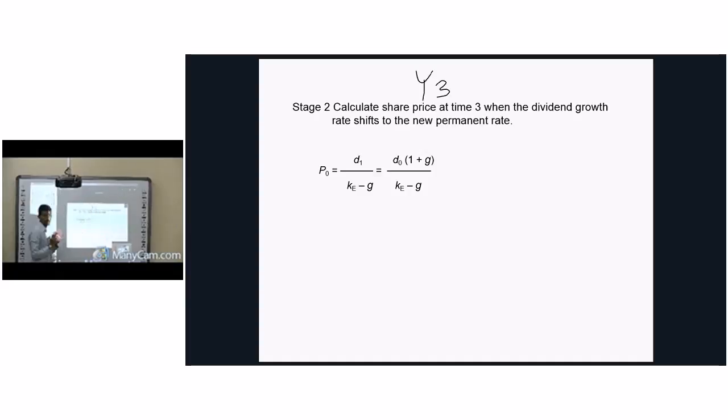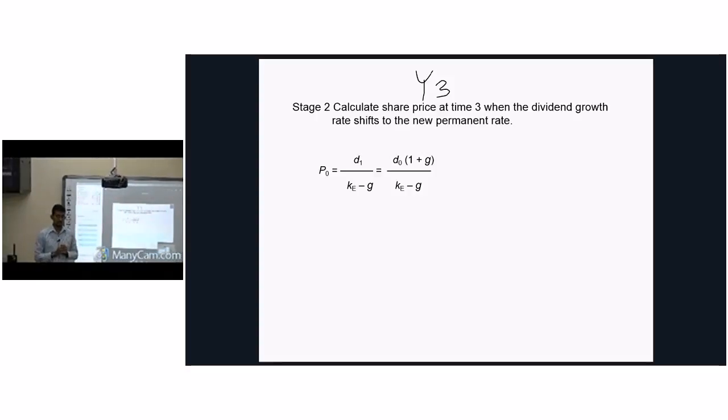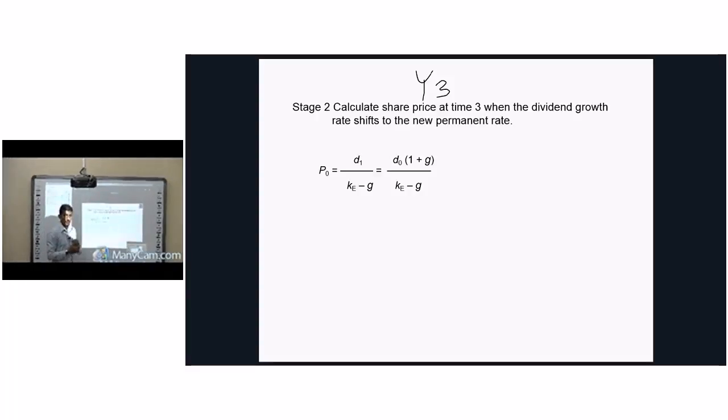So what is D0 for year 3? We already calculated this. 15 pence is today and it's growing at 12%.